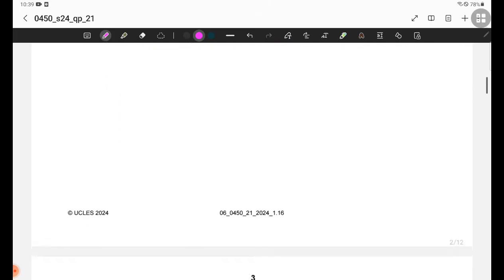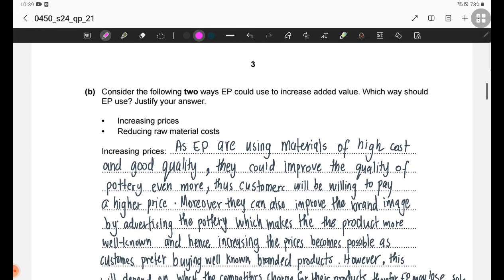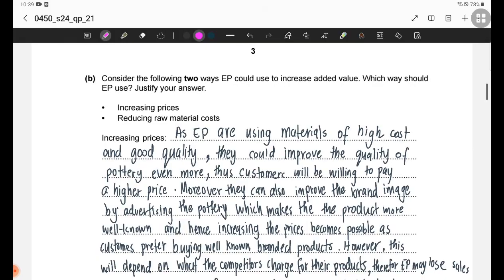Next, part B. Here you have to consider the two ways EP could use to increase added value. We have seen in the case study that EP is a pottery business, and it has been stated that they're gonna choose which way they're gonna use to increase the added value.